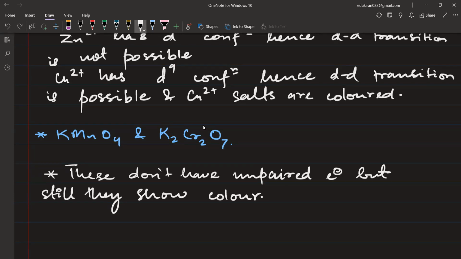There will be an electronic transition. ठीक है, ऐसा नहीं कि सिर्फ मेटल वाली, प्लास्टिक भी होता है, आपका कलर होता है, right? These are also not metals, but they are showing color, right? So here also they are going to show color, but that is not due to DD transition.